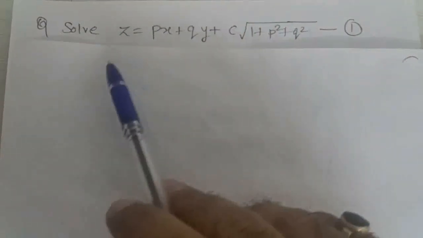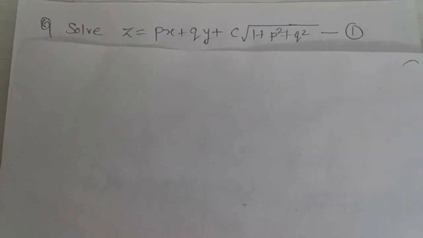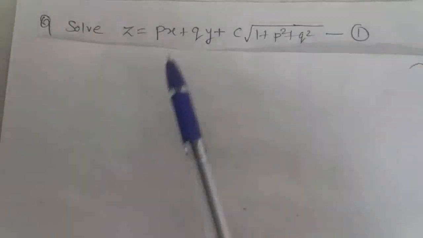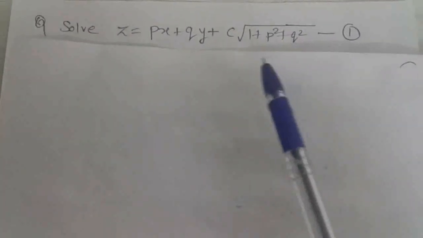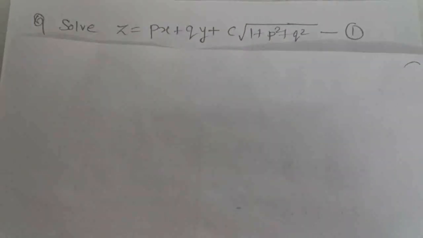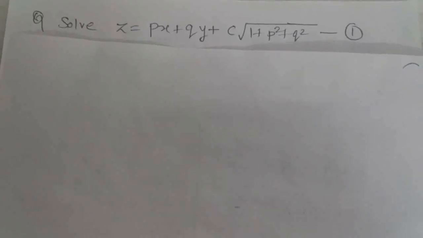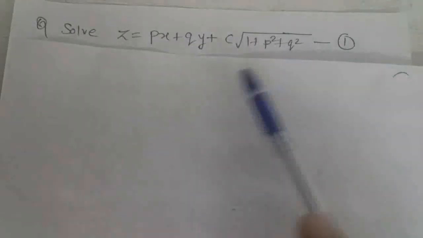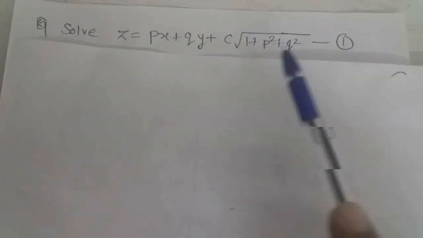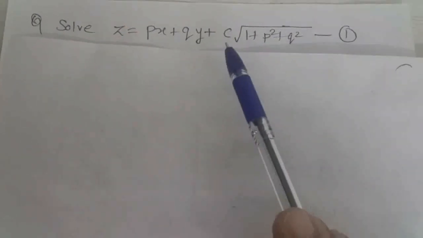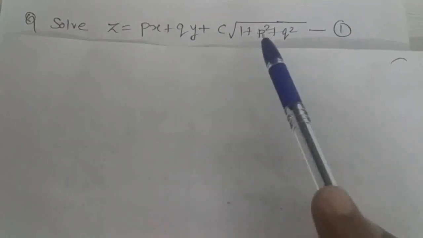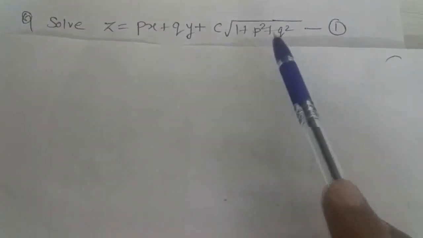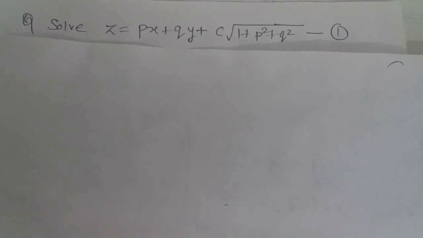Now consider this problem. Solve z equal to px plus qy plus c times square root of 1 plus p square plus q square. So this is a non-linear partial differential equation of first order, again non-linear because the powers of p and q are other than 1.